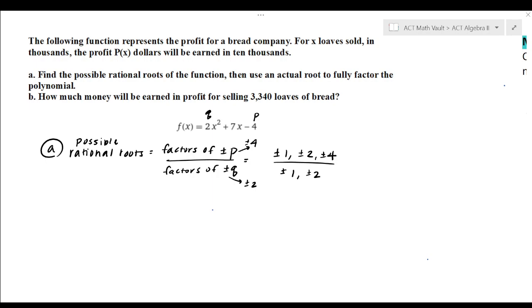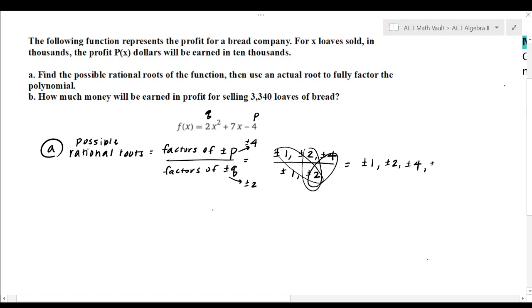So now what? All of the possible rational roots will be every combination of all the p's and q's on top of each other here. So all the p's go on top, q's go on bottom. So we have 1 over 1, 2 over 1, 4 over 1. Okay, so that would give us 1, 2, 4, all positive or negative, as well as 1 over 2, 2 over 2, 4 over 2.